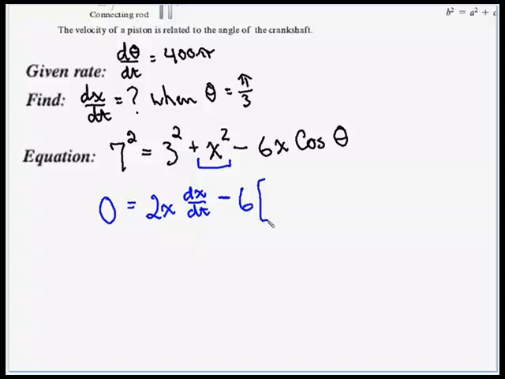Now we are going to have product rule. The derivative of our first term, x, is 1 dx dt. The derivative of cosine is negative sine theta d theta dt.